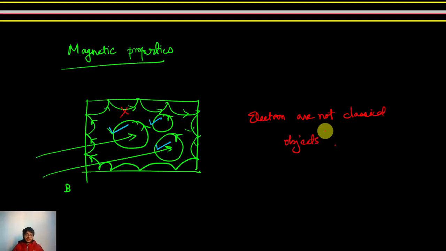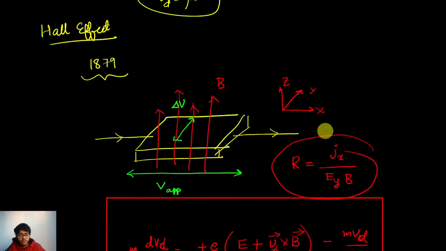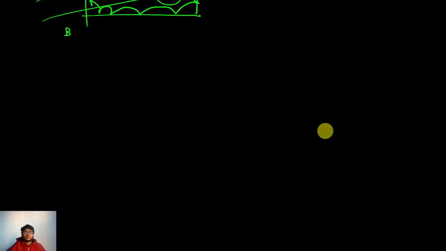Now coming to the failures, what was the biggest failure? Most unanimously, it's the heat capacity problem. So we will talk a little bit about the heat capacity problem.